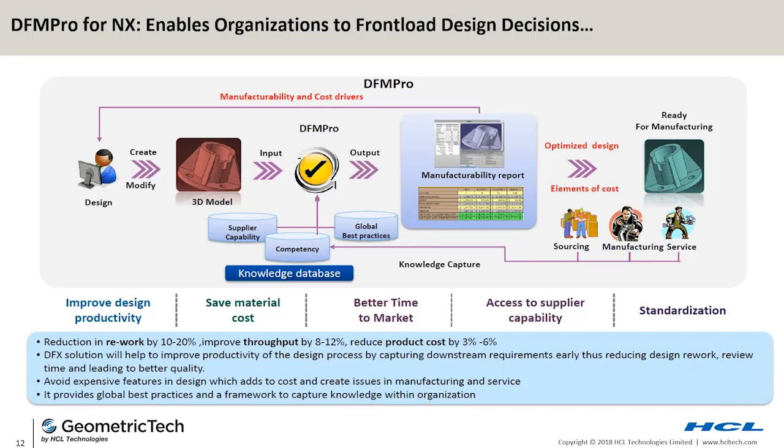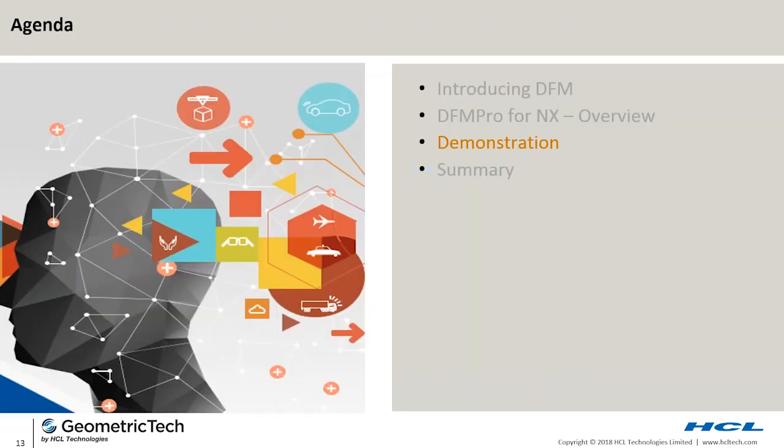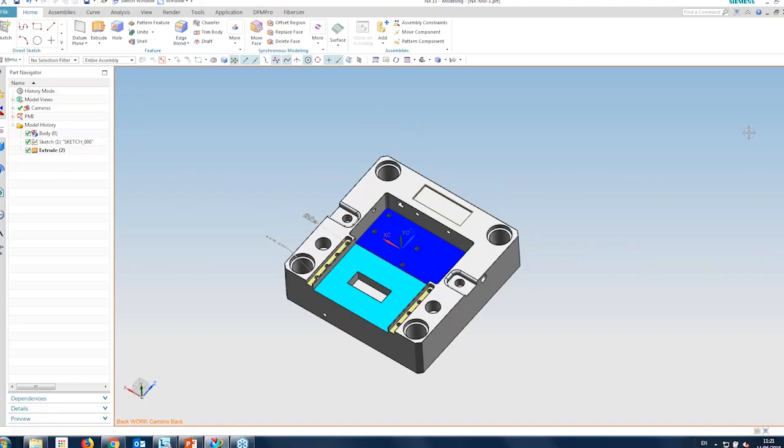So I think this is the most important slide. Just to give you a complete overview of what we are doing with DFM and how a design engineer can benefit. Imagine you are a design engineer creating and modifying your designs. What you essentially do is you pass the design through the DFMPro for NX plugin, which is built in within NX. Now DFMPro, as mentioned, is essentially a knowledge database of best practices, which you also have the possibility to populate based on the downstream requirements.